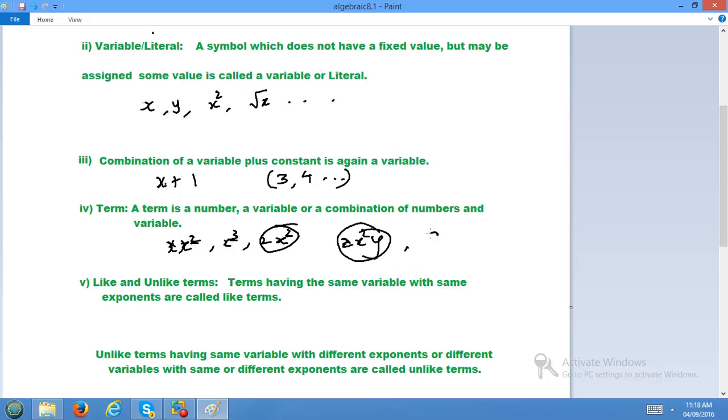It can be a constant also. If you use plus, then it will become two terms. It can also be 2x square divided by 9, or 2 by 9, and this one entire thing is called one term.